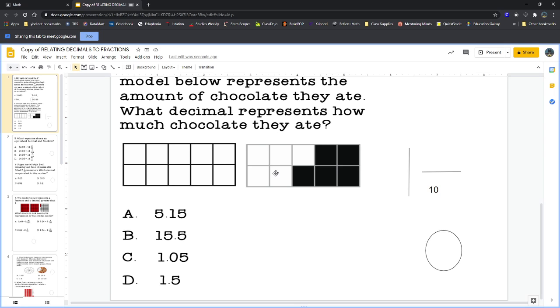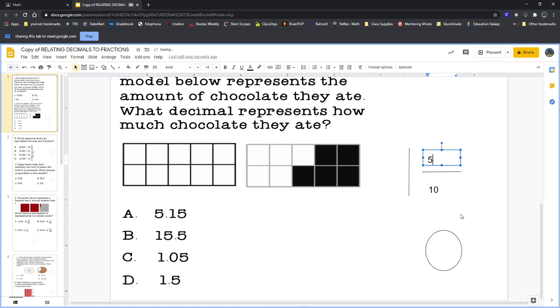Who can tell me how many pieces from the second chocolate bar did they already eat? How many pieces are gone now? Noah, how many pieces are gone? 5 pieces. So there are 5 pieces gone.